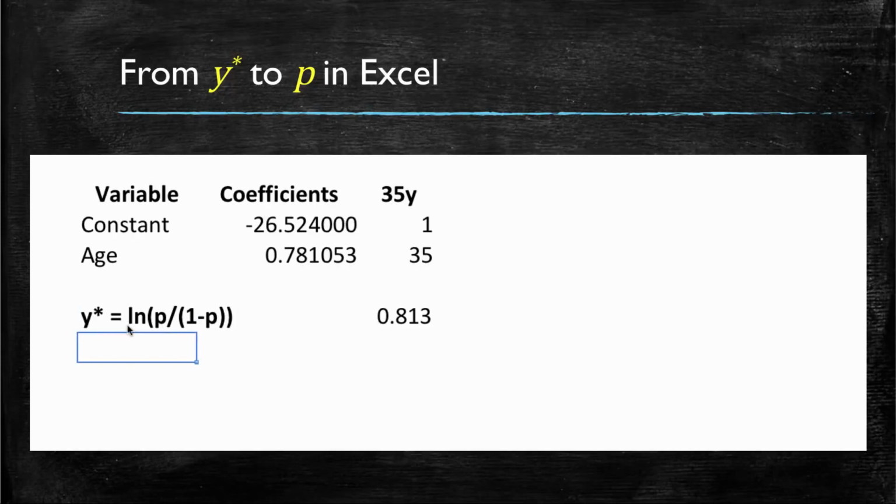This is not the probability, but how do we convert this into the probability? Well, we also discussed how the probability is the exponent of y star divided by the exponent of y star plus 1.